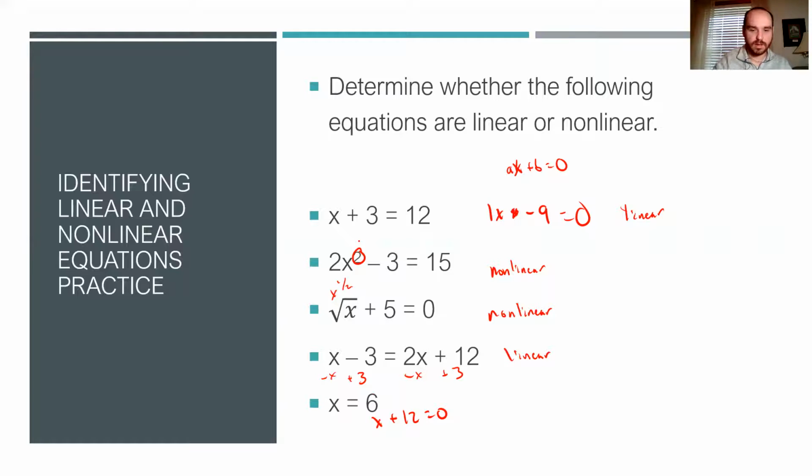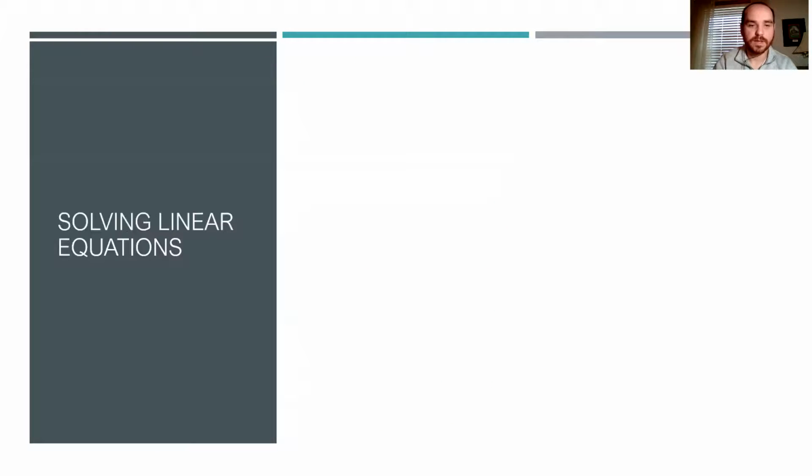And x equals 6, we obviously should know is a vertical line, but you can resolve that as x minus 6 equals 0. So that is also linear. Okay, hopefully that makes some sense. You're just looking for an x by itself without a square or a square root or an e to the x or something like that.